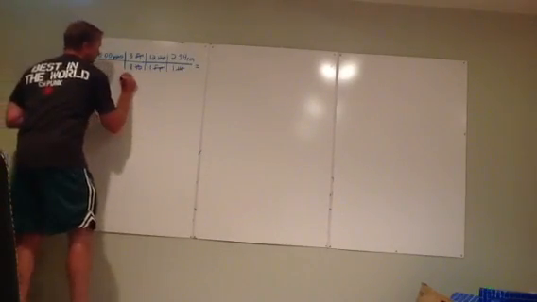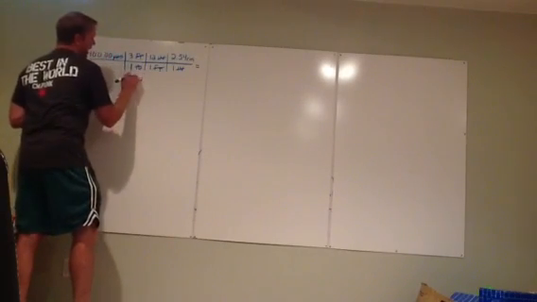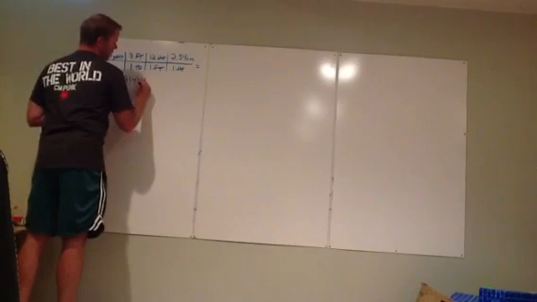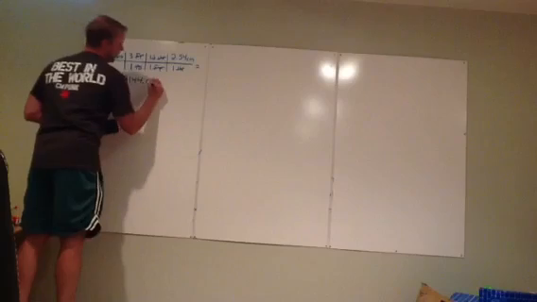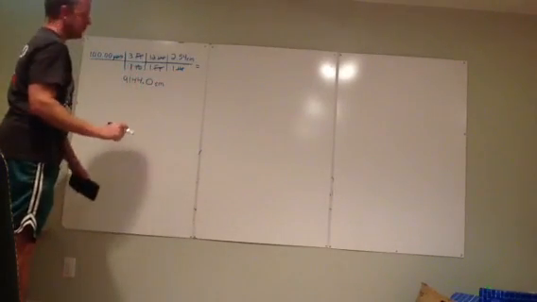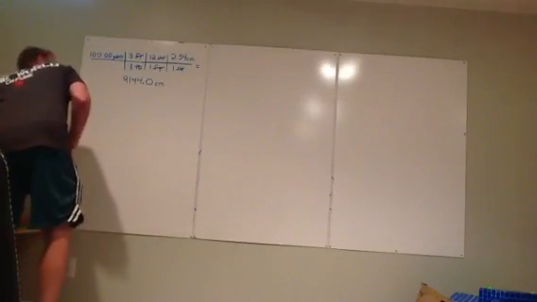Now, the answer is 9,144. You're going to find that that has 4 significant digits. So what we can do is add trailing zeros after a decimal. So this real answer, once we account for the significant figures, is going to be 9144.0 centimeters.